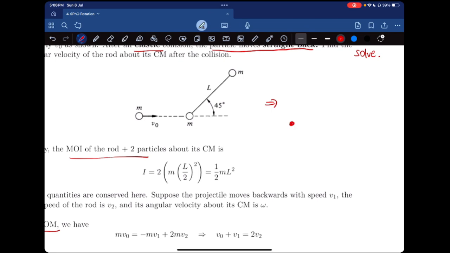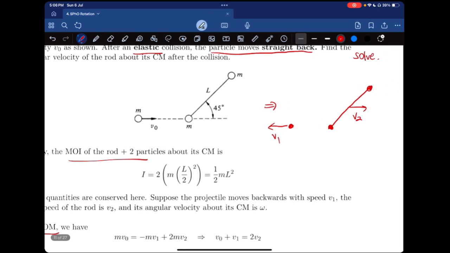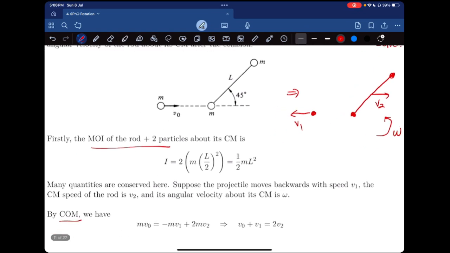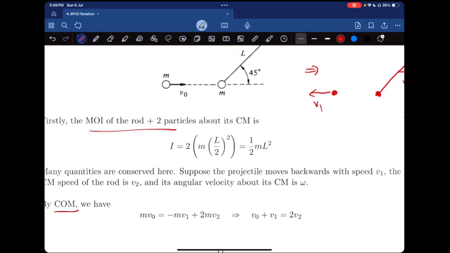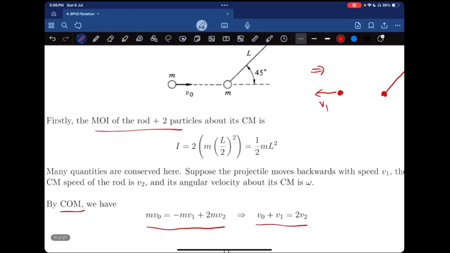In your final system, let's say your m moves back at v1, and your rod has a CM speed of v2, and let's say it has an angular velocity about the CM of omega. So your COM equation is just like that. For your translational motion, we can cancel the m and it becomes this. So this is quite easy to write.